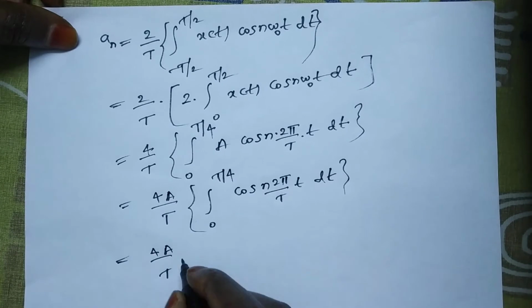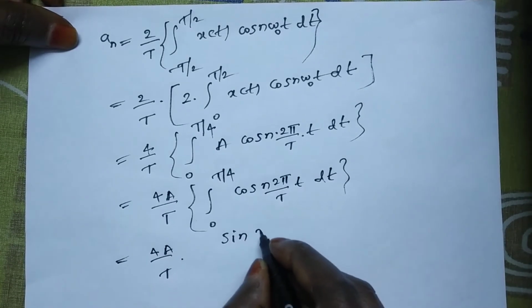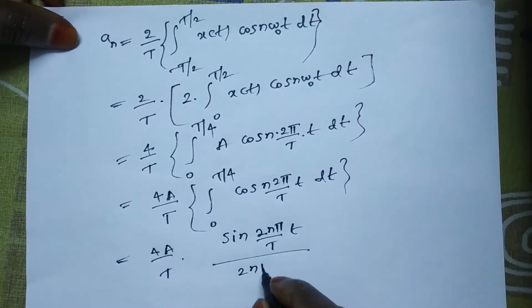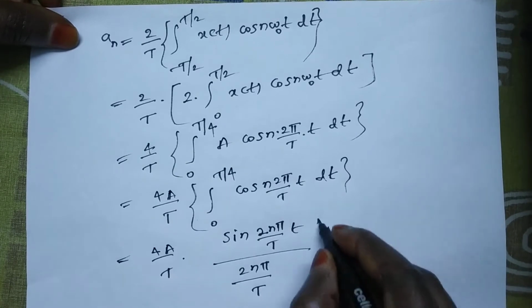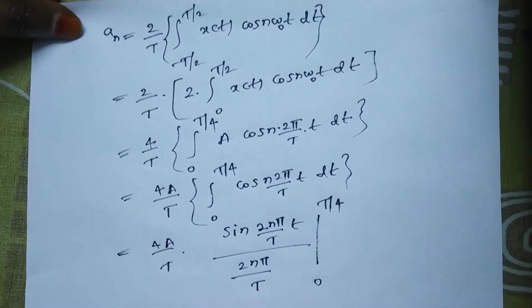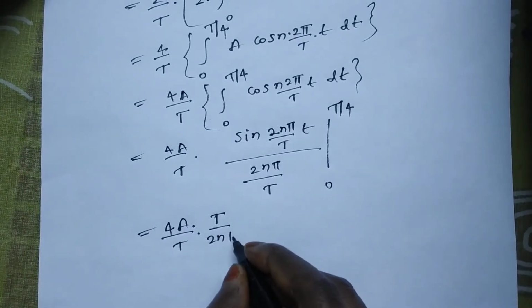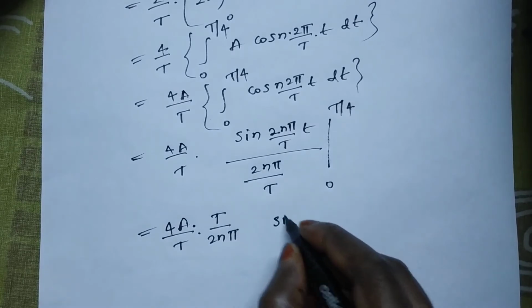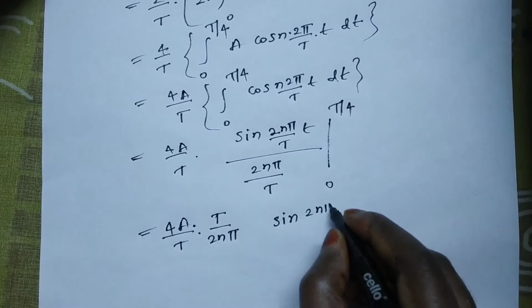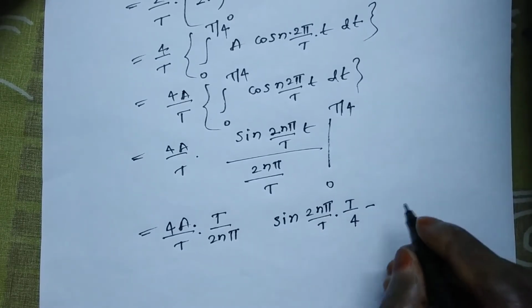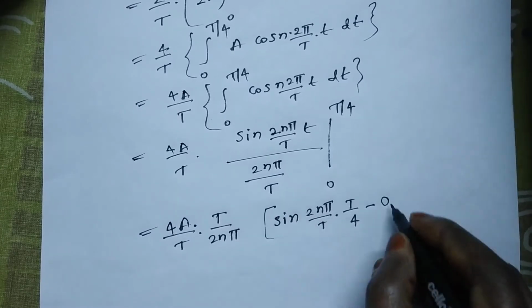4A by T, integration of cos is sin, sin of 2n pi by T t divided by 2n pi by T, and apply the limits T by 4. Now 4A by T and this T by 2n pi, then substitute the limits: sin 2n pi by T, at the place of t you have to write T by 4, and the lower limit sin 0 is 0.